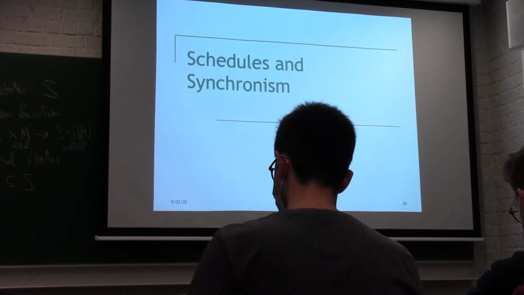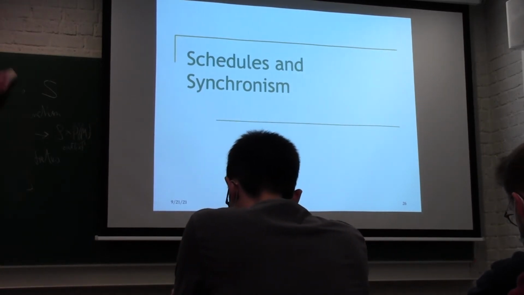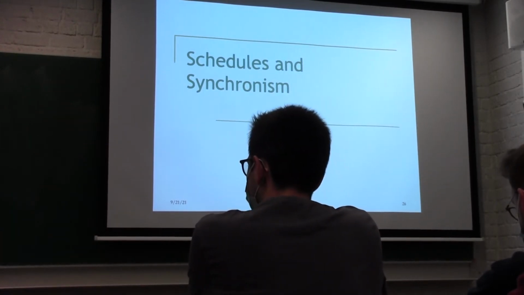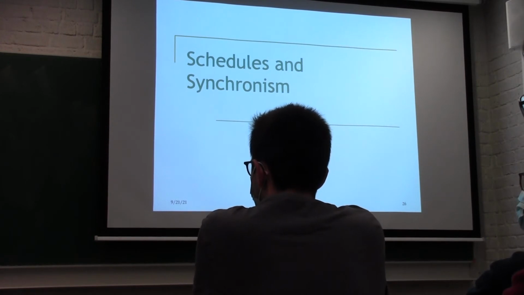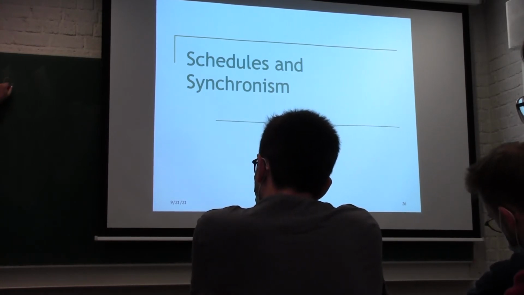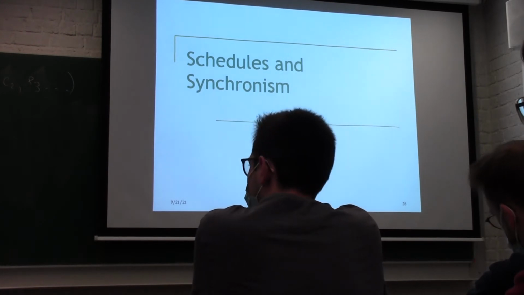Okay, now let's study a little bit more these executions. Let me write down first an execution. So C0, E1, C1, E2, C2, E3, and so on. So it's this sequence.